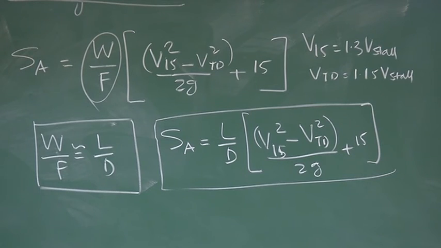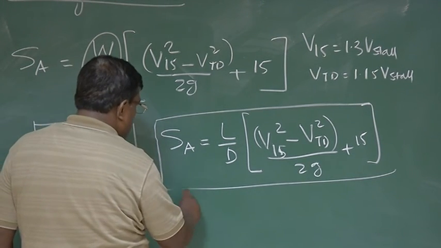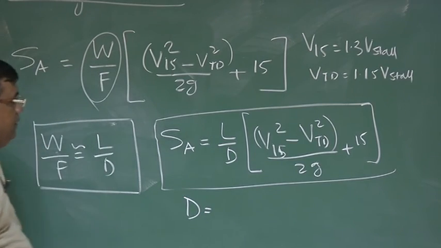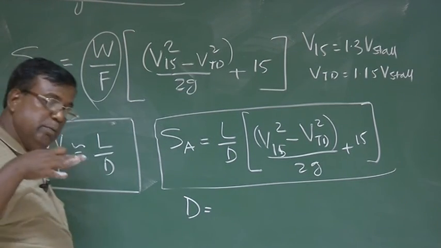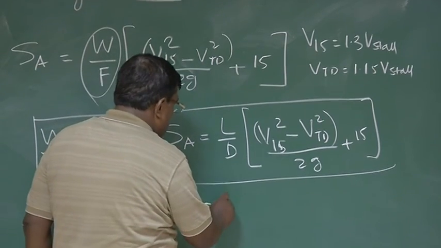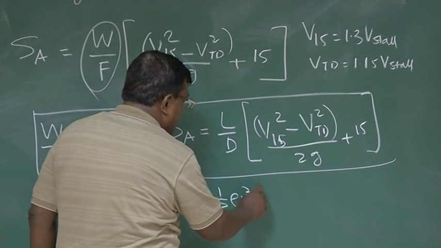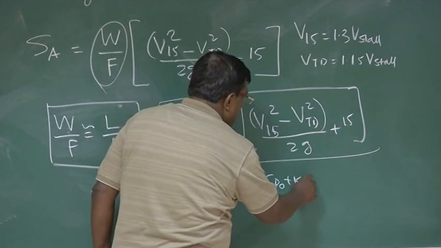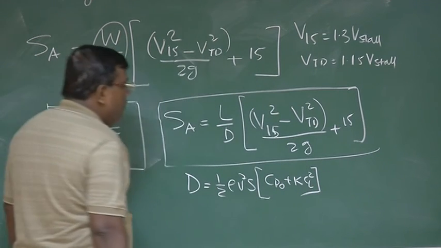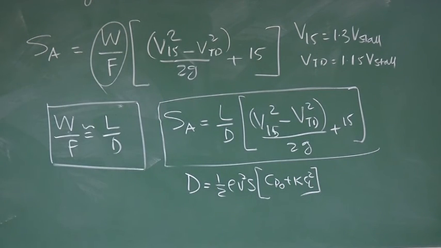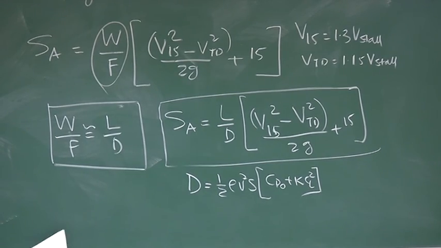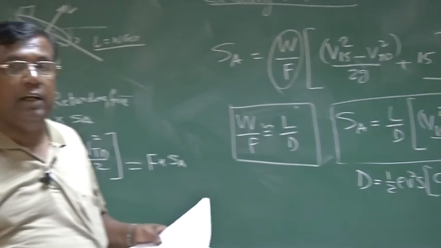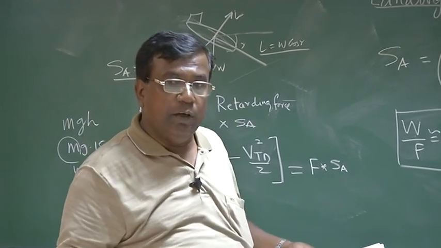What is also more important you should understand, when you're talking about drag, drag means during the air, when it is coming like this, drag we know is half rho V square S into CD naught plus KCL square, isn't it? But the moment you are putting the landing gear out, the moment you are putting the flap down, it is changing. CL is fine. But because of landing gear out, there is a CD naught of landing gear. Because the flaps are down, there will be increase in drag because of flaps down.